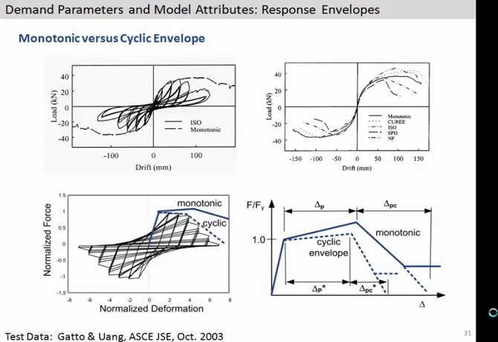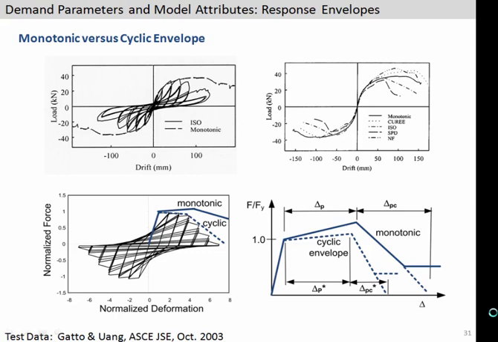A few other things on the component models and how we're representing things. The slide on the upper left shows hysteresis loops of tests that were done on identical structural components. One test was done monotonically, and you see it has fairly large ductility, versus one under a cyclic loading protocol. So one of the things that's come up as we think about dynamic analysis, and the difference between monotonic and cyclic, are monotonic backbone curves.